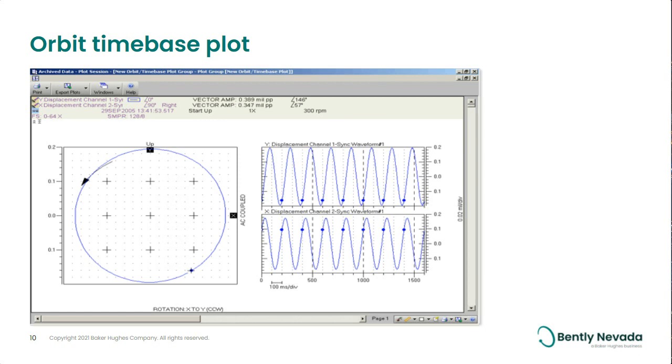And when I present this plot in a seminar, I usually ask the audience, what is the shape of that orbit? Everybody knows that it's circular, but nobody wants to raise their hand and tell me. But it is, in fact, circular. And then I ask, well, should it be circular? And I get half yes, half no.